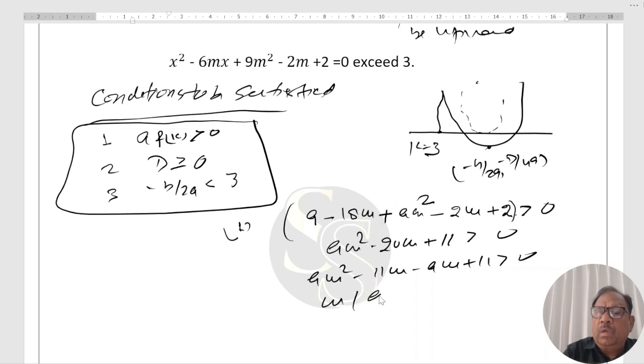M taken common, 9m minus 11, minus 1, 9m minus 11 greater than 0.